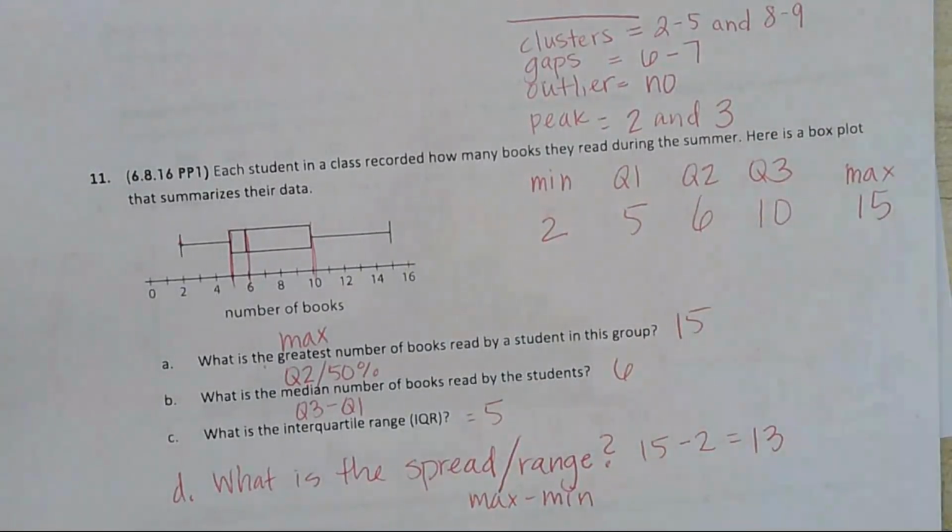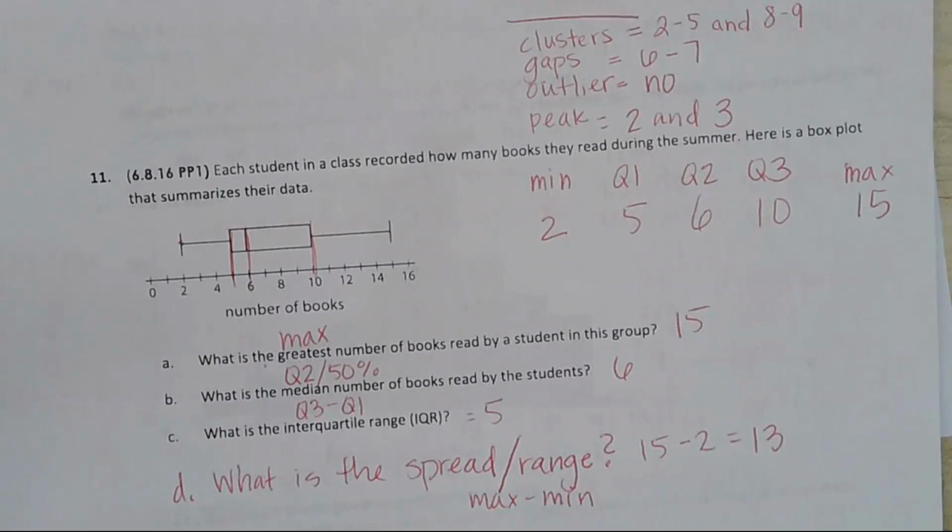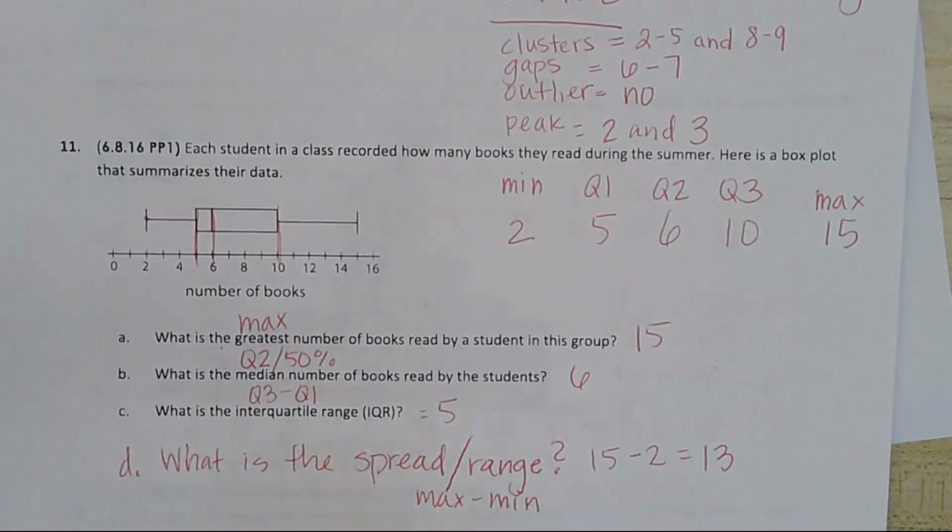Now, we are only going to write one more thing and then talk about another thing, okay? Normally, they talk about skewed data or symmetrical data. Skewed or symmetrical is usually seen on histograms or dot plots.